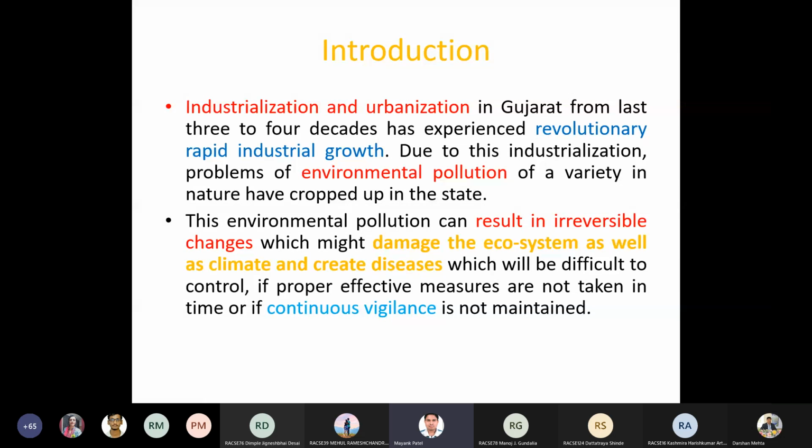Environmental pollution can result in various irreversible changes, and so many people have suffered. Continuous vigilance was required in order to have effective measures against damage to the climate and ambient air quality, and due to this diseases were also spread.